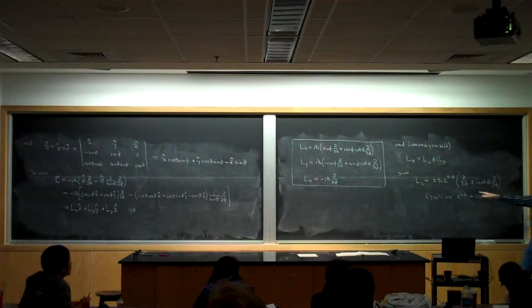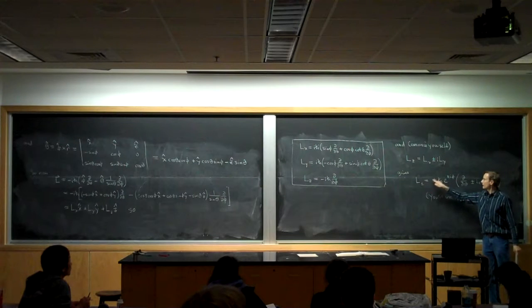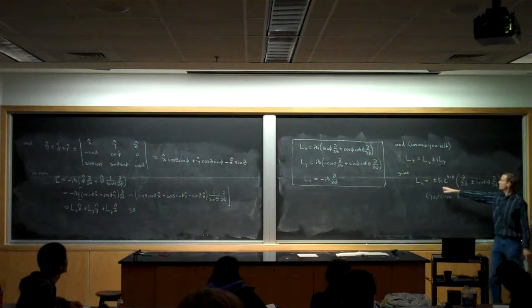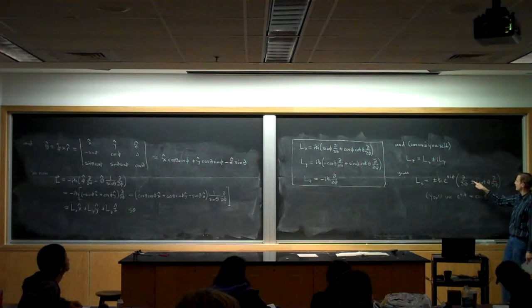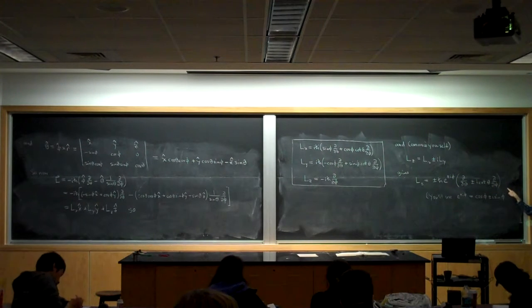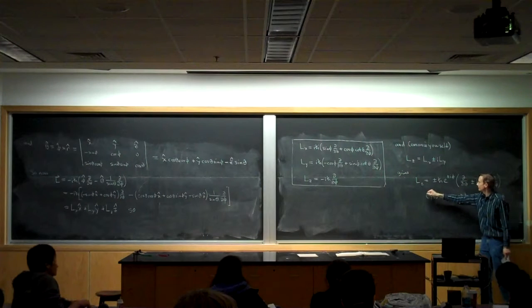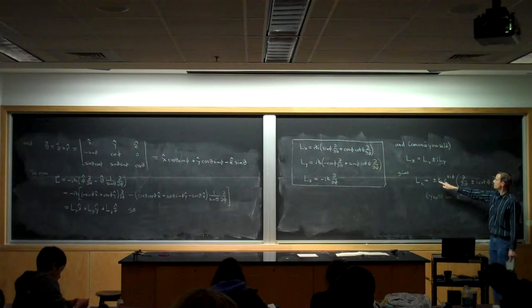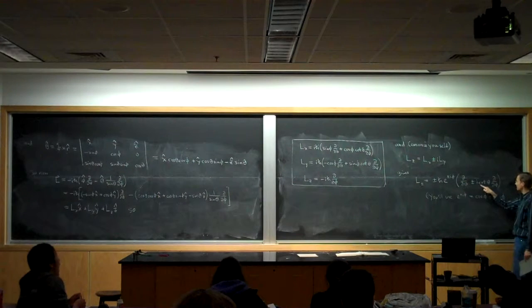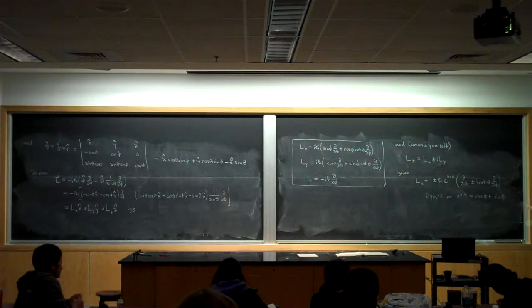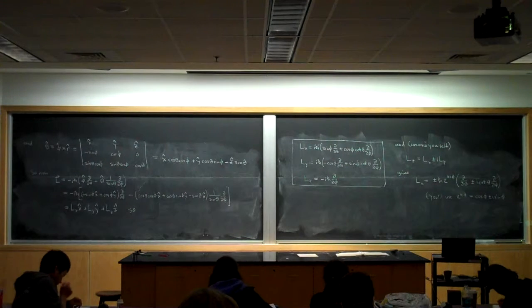In other words, what an expression like this means is, to get L plus, read along the top. So L plus is h bar e to the plus i phi times d/d theta plus i cotangent theta d/d phi. L minus is minus h bar e to the minus i phi times d/d theta minus i cotangent theta d/d phi. So you read along the top for L plus, and along the bottom for L minus.